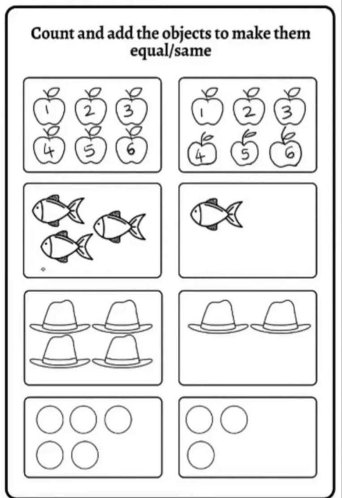Now let's count fish. 1, 2, 3. The other side we have only one fish. So we will draw 2 more to make both the sides 3 fish.